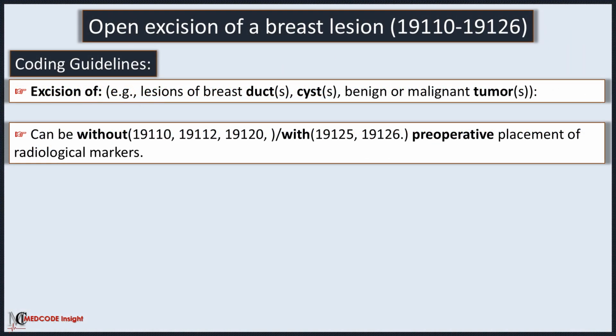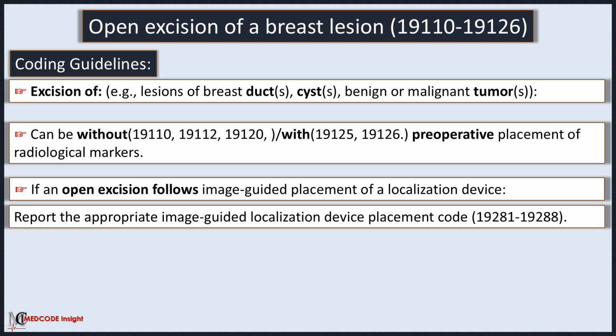Here are some coding guidelines related to open excision of a breast lesion. Excision may include excision of breast ducts, cysts, benign or malignant tumors without specific attention to adequate surgical margins. It may be with or without preoperative placement of radiological markers.